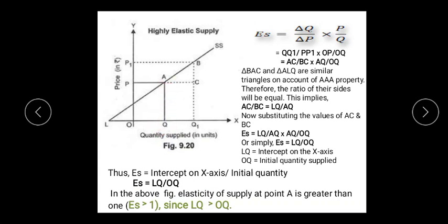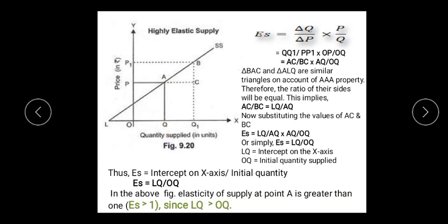It means that angle BAC, this angle, is equal to angle ALQ, this angle, angle ACB, that is this angle, is equal to angle LQA, that is this, and angle ABC is equal to angle LAQ.